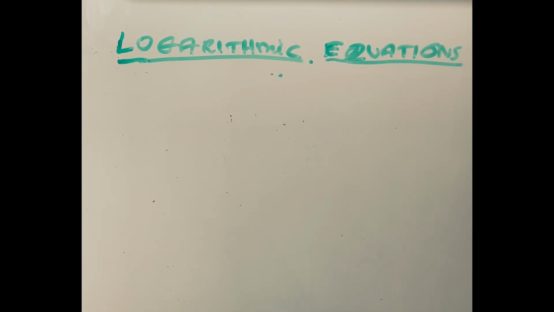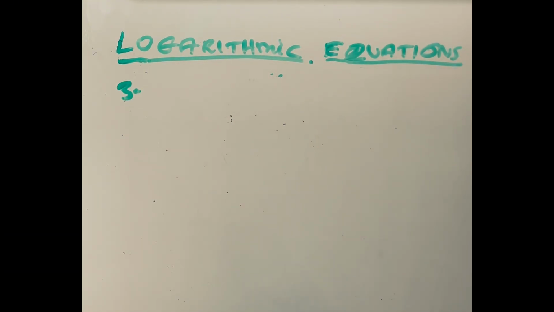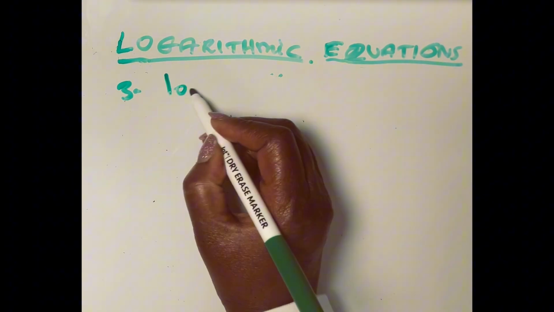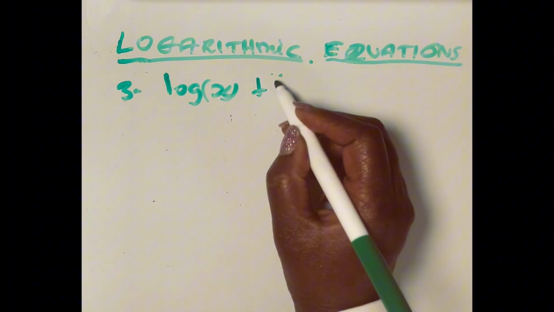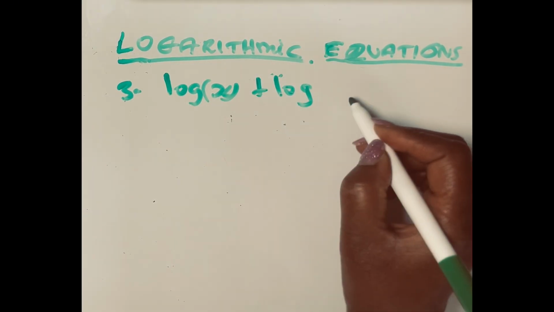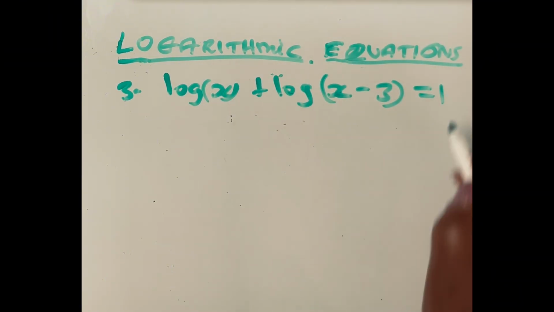Next, let's try example 3. The next type is when logs are being added or subtracted. We have the log of x plus the log of x minus 3 is equal to 1.